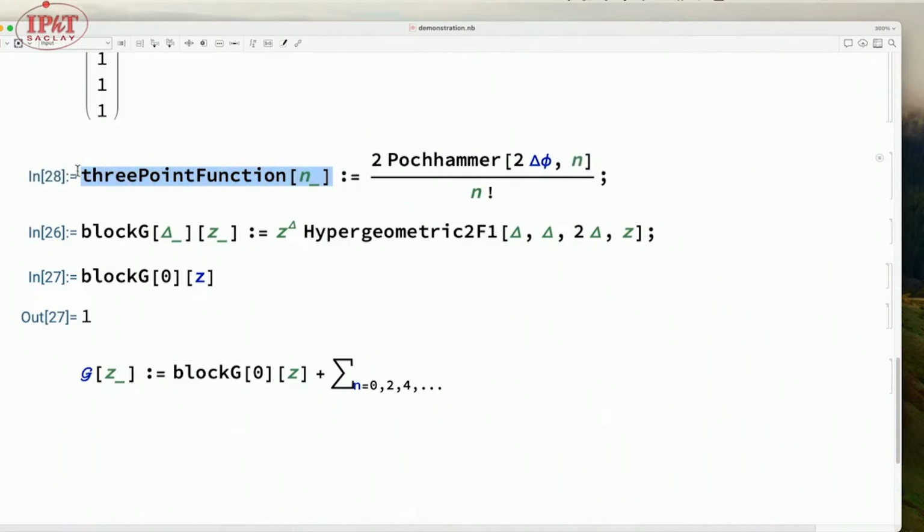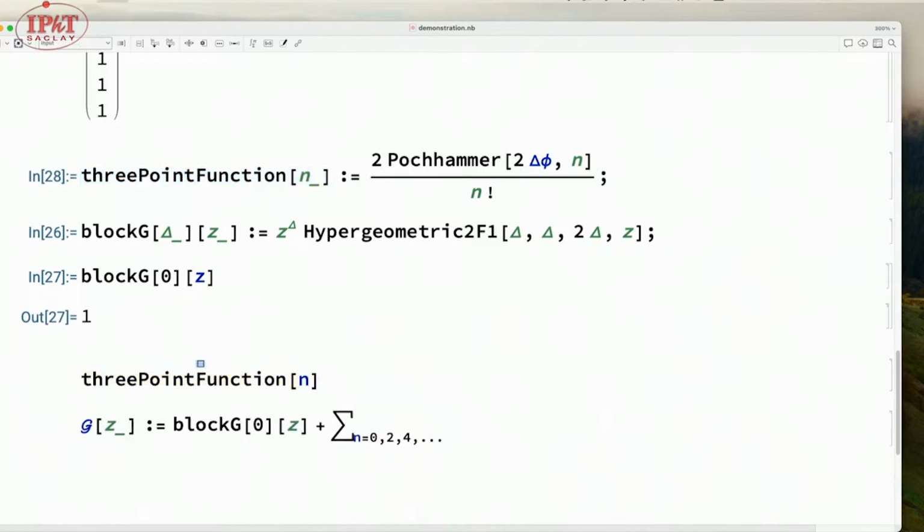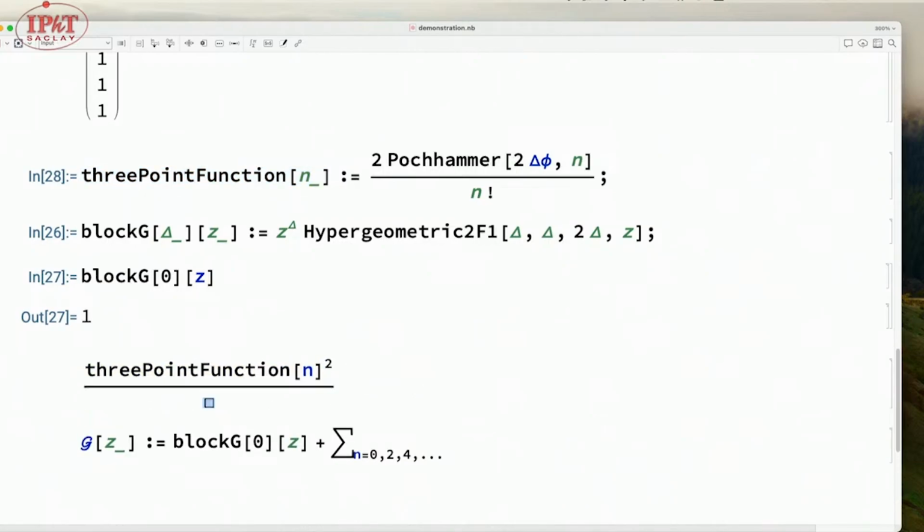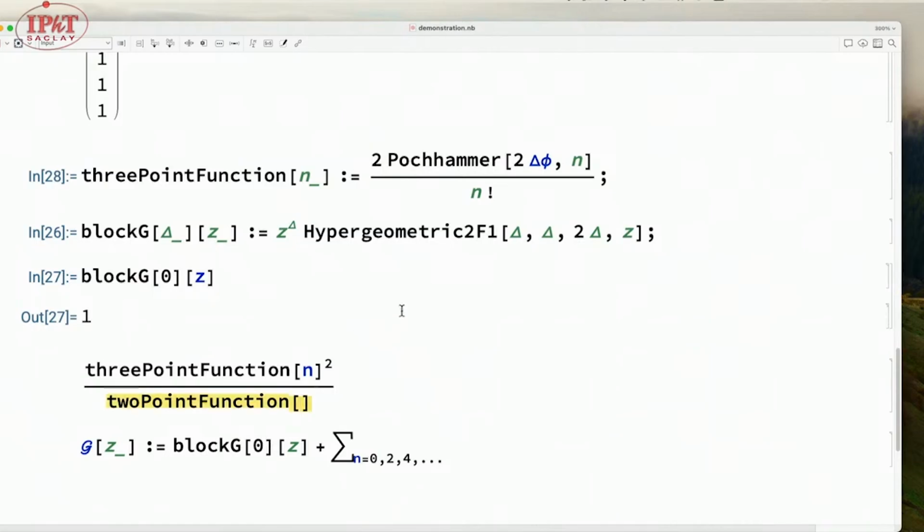And the coefficient in the conformal block expansion is the square of the 3-point function divided by the 2-point function. So that's the same thing, the product of an OPE coefficient and the 3-point function. The OPE coefficient is a 3-point function divided by a 2-point function.